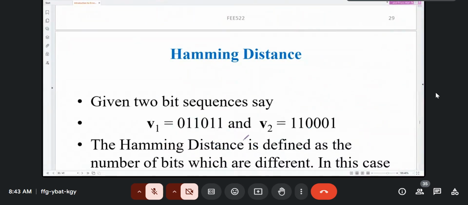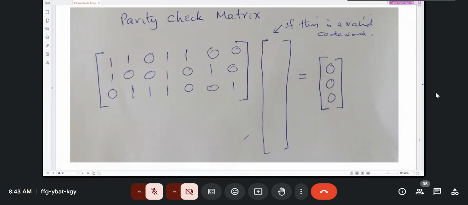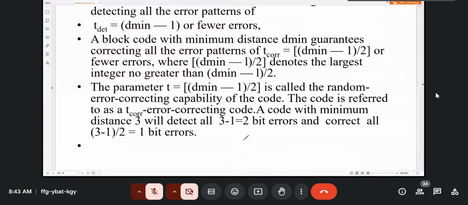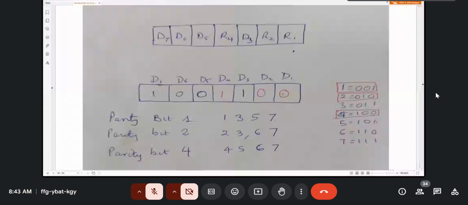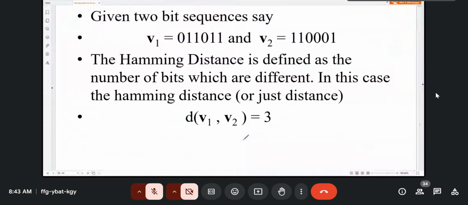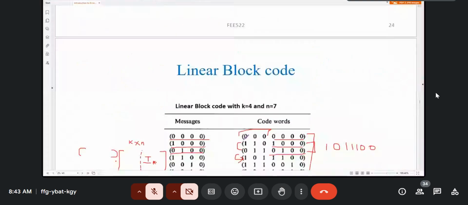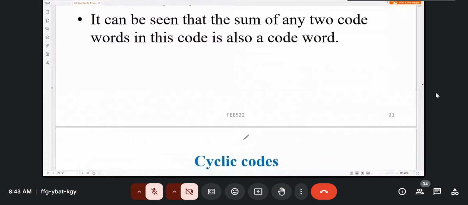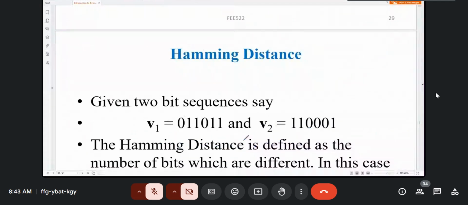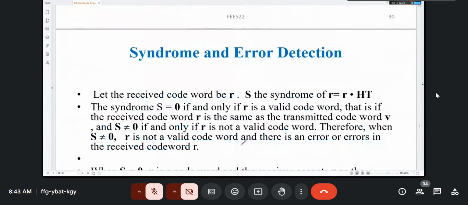Okay. Now, before we come to this parity check matrix, there's something I wanted to mention. Did I leave something?